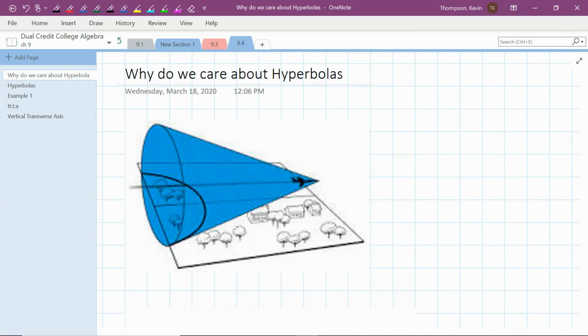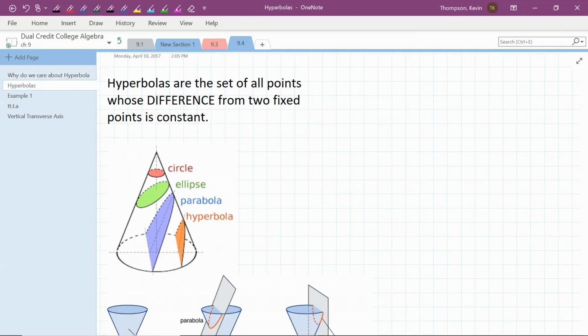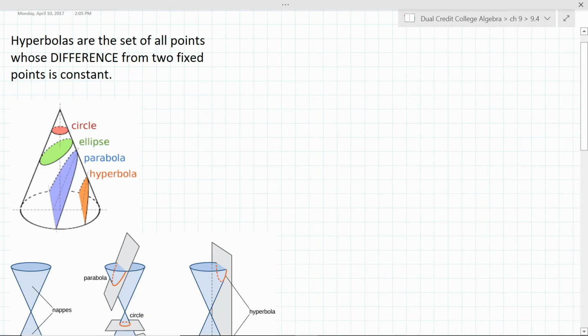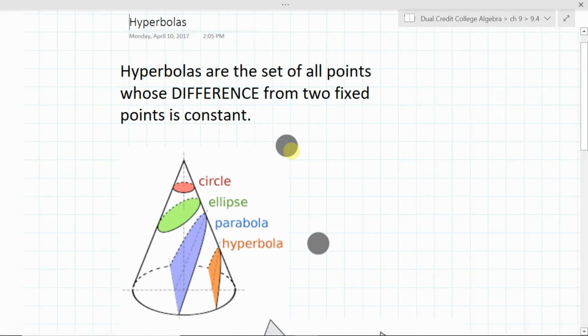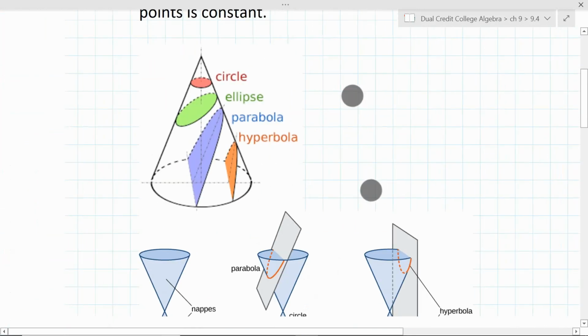I might add some in here for you, but let's go in here with a moment of remembering that we're taking a cone and slicing it in different ways.